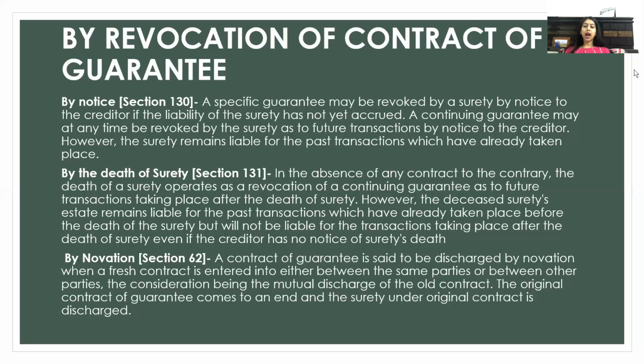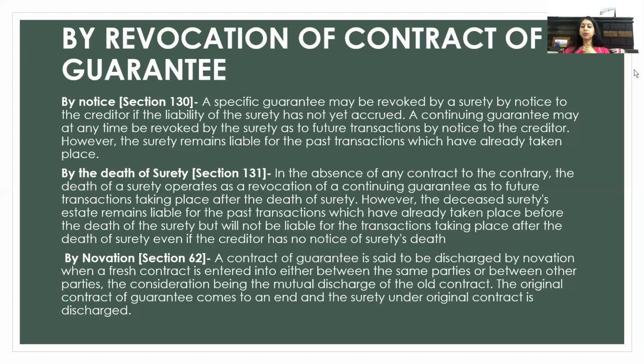Next is section 62, by novation. A contract of guarantee is said to be discharged by novation when a fresh contract is entered into either between the same parties or between other parties. Novation basically means the formation of a new contract. Whether the new contract is between the old parties or with a new party hardly matters.